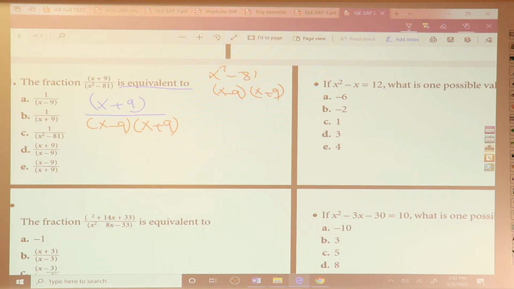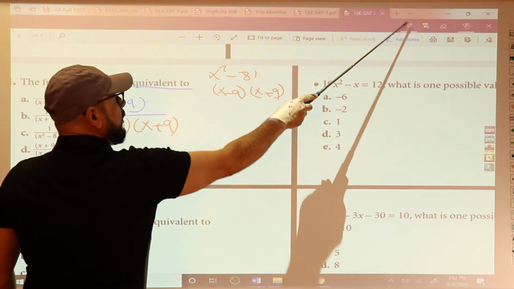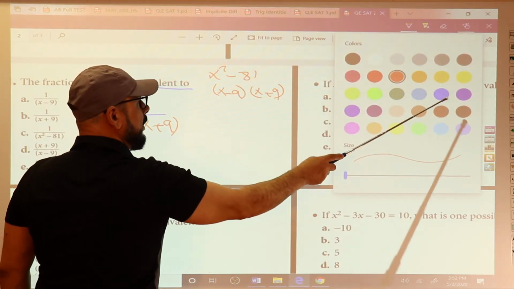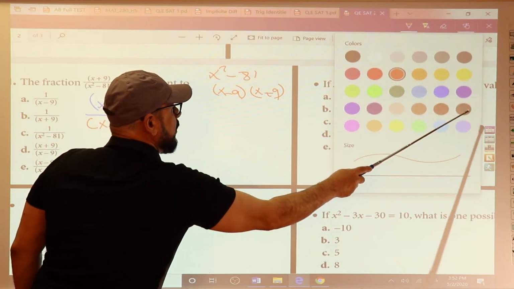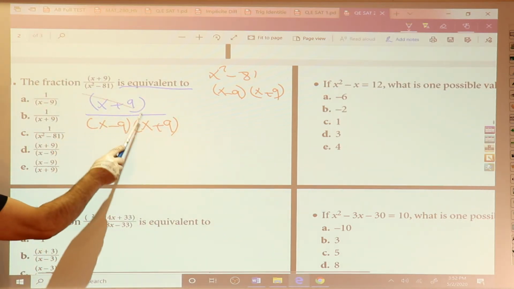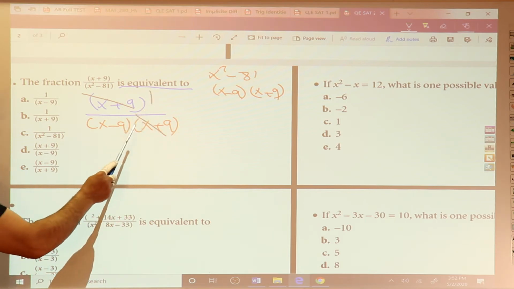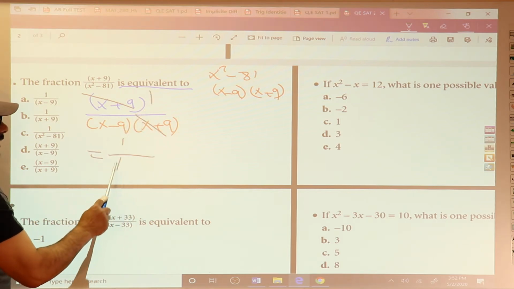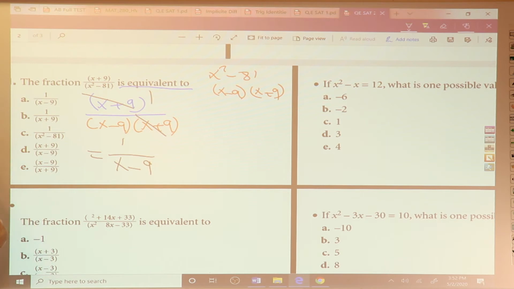Which one is going to cancel? X plus 9. This with this, left only 1, then we have 1 over x minus 9. So it's A.